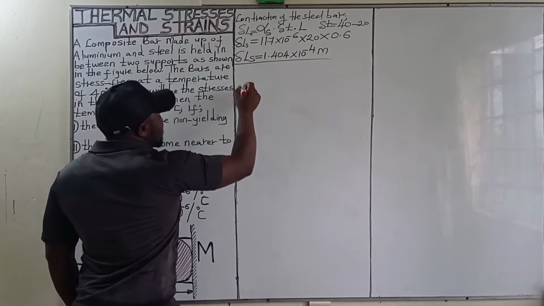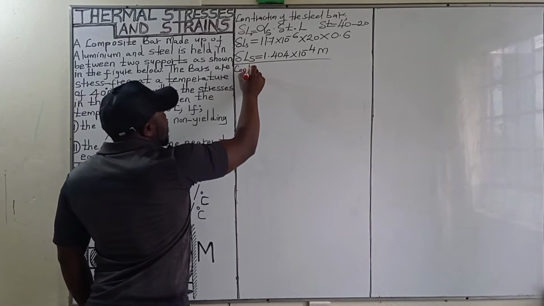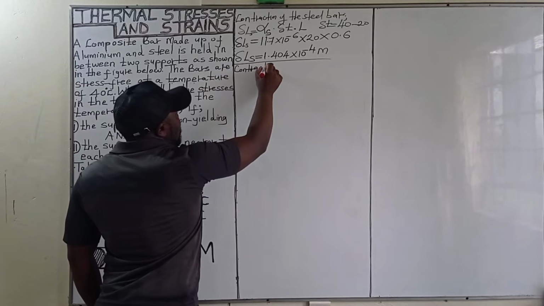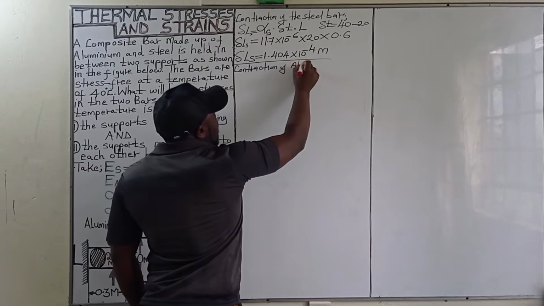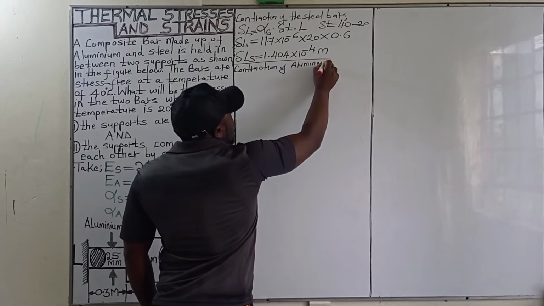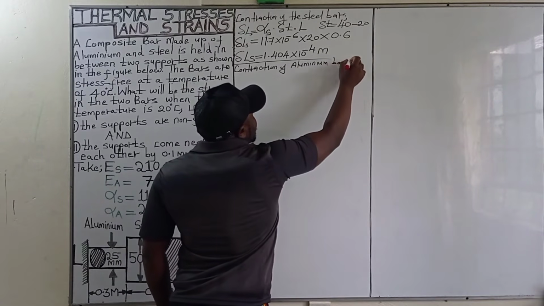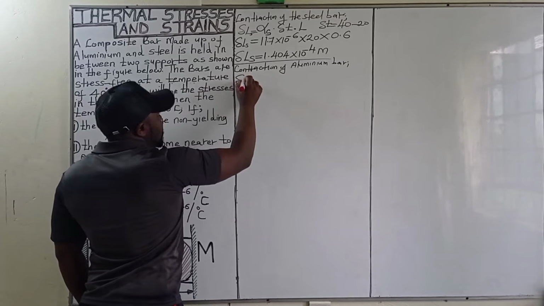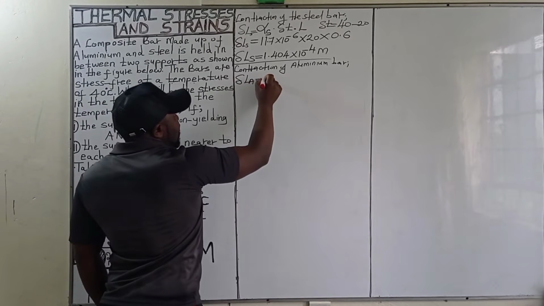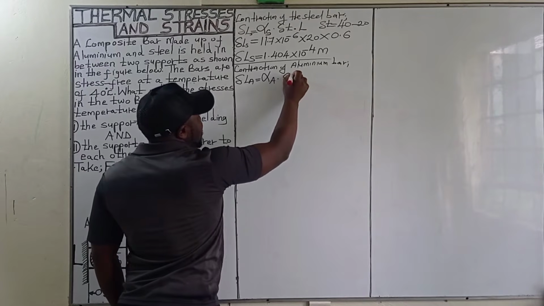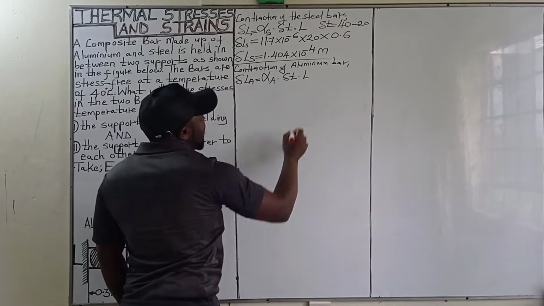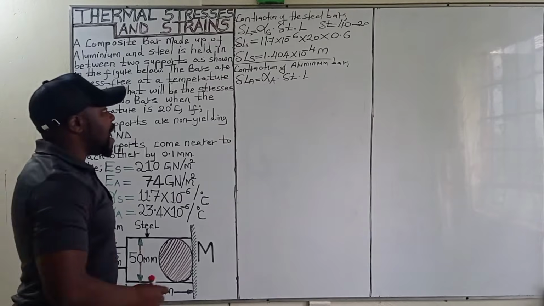On the other hand, the contraction of the aluminium bar will be given by the coefficient of linear expansion of aluminium times the change in temperature times the length of the aluminium bar.